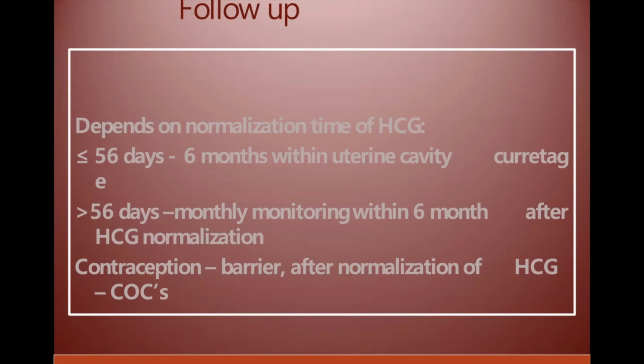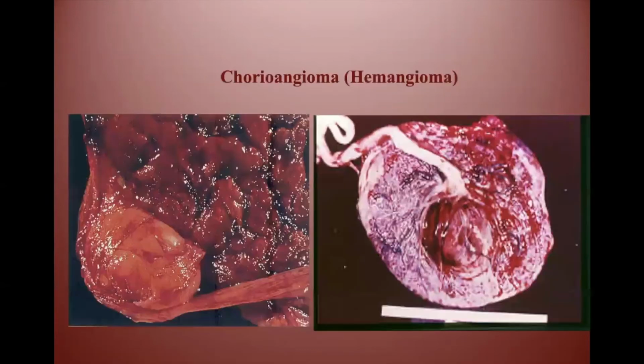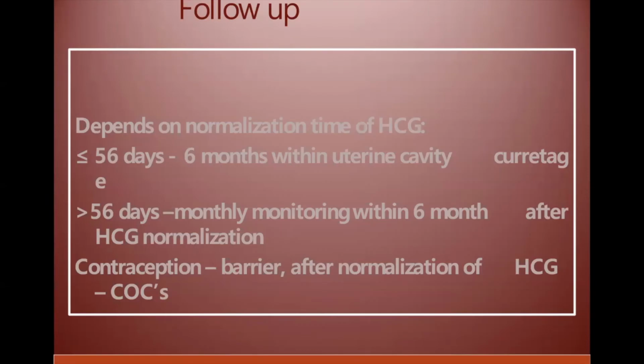And of course, we advise contraception; barrier methods can be chosen after normalization of gonadotropin. And women with gestational trophoblastic disease, after we have a normal level of gonadotropin, we advise them not to get pregnant for 2 years.